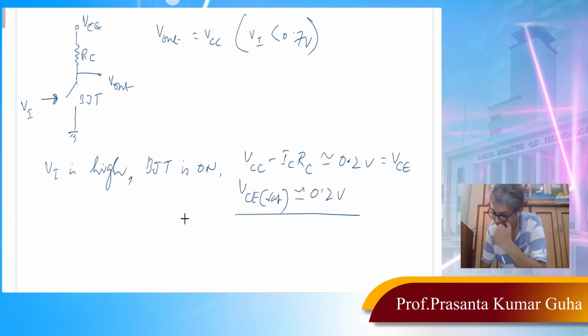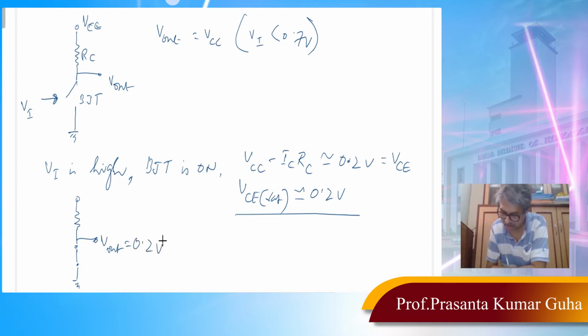So you see in this particular case BJT is on, that means it is almost a short. In an ideal switch there should not be any voltage drop across that switch, but here we assume that is 0.2 volt.